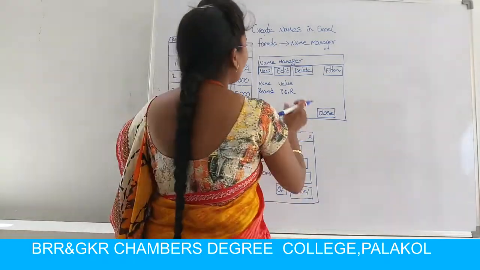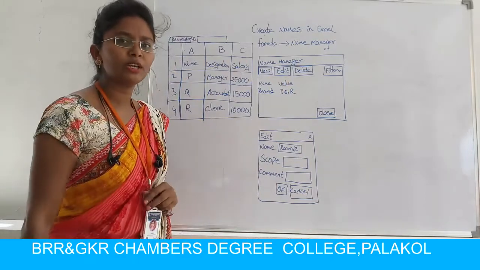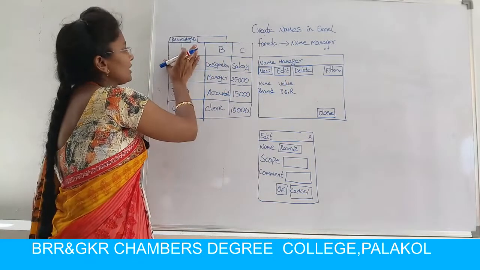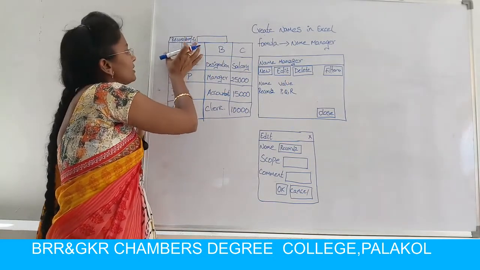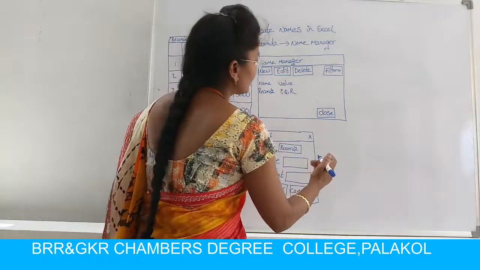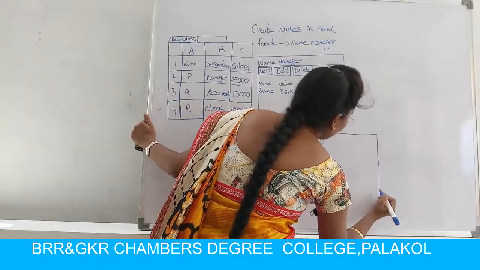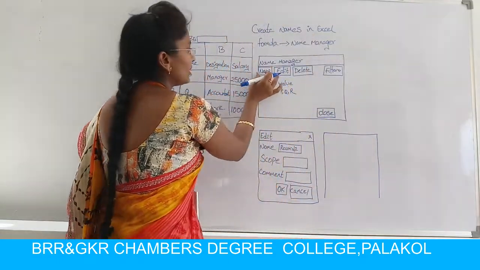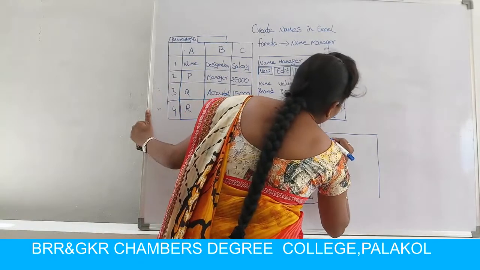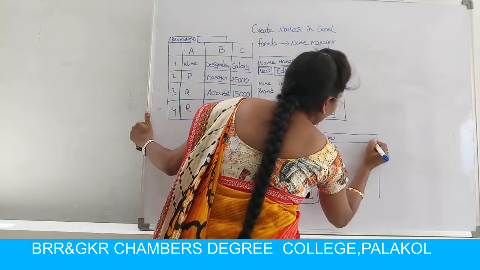And the next one, if you want to create a new name in the Excel sheet by using the long cut process, that means, as I already told you the first time, that was the shortcut way to create a name. The step by step process, that means the long cut process, is to click on the first option, the new button. If you click on the new button, a new dialog box will appear over here.